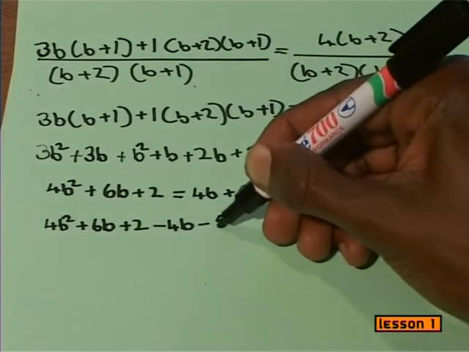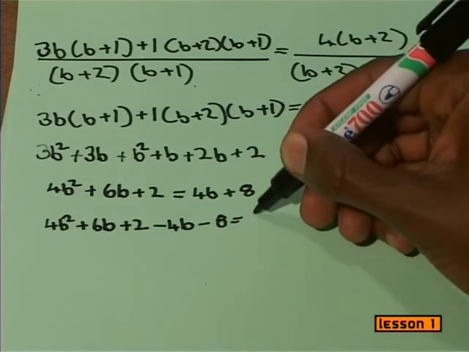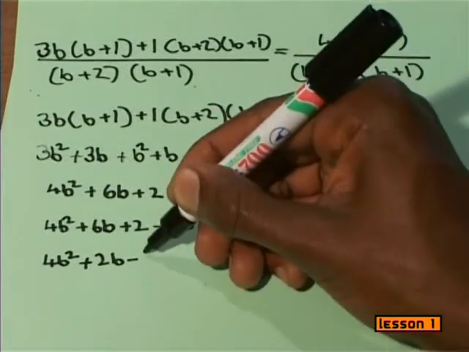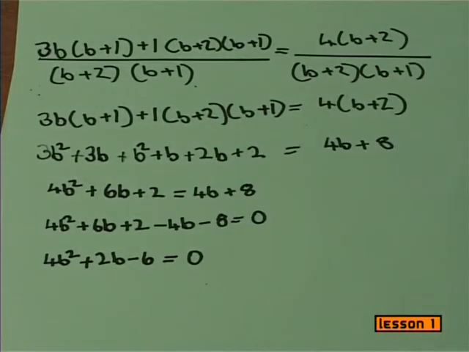Then, I move everything to one side and collect like terms. And there we are. It's in the form of ax squared plus bx minus c equal to 0.